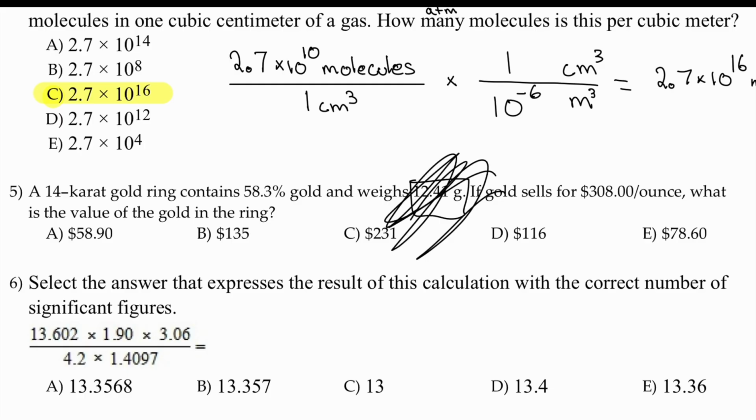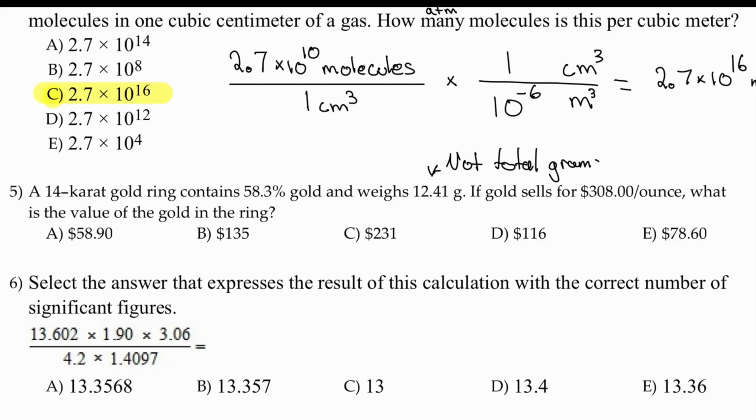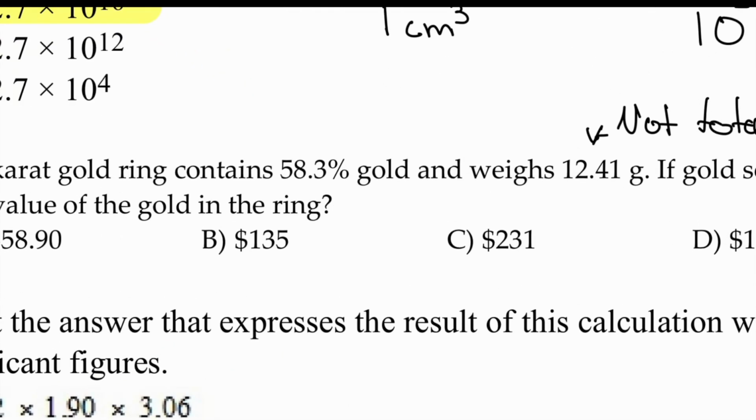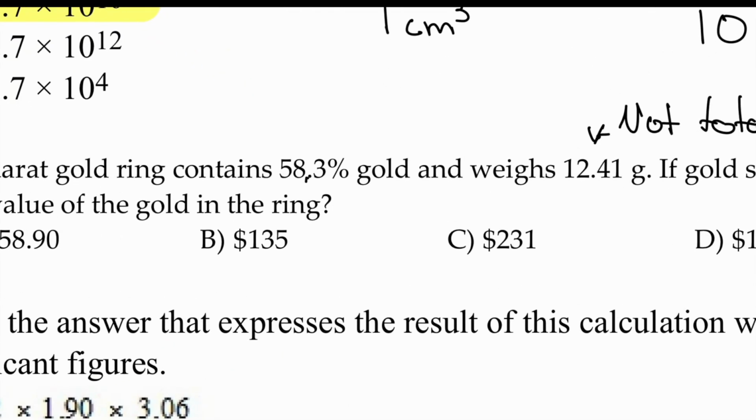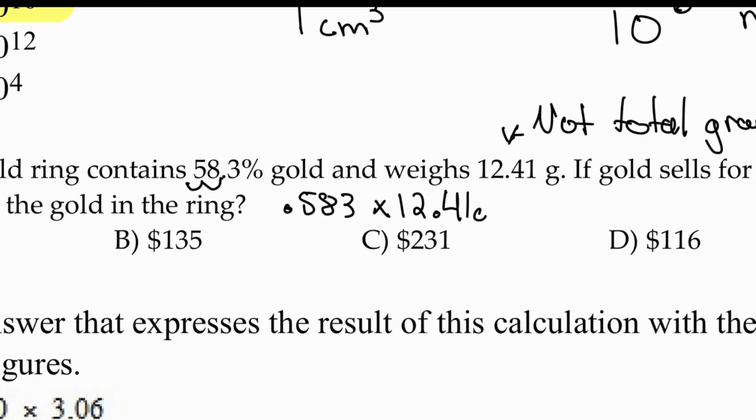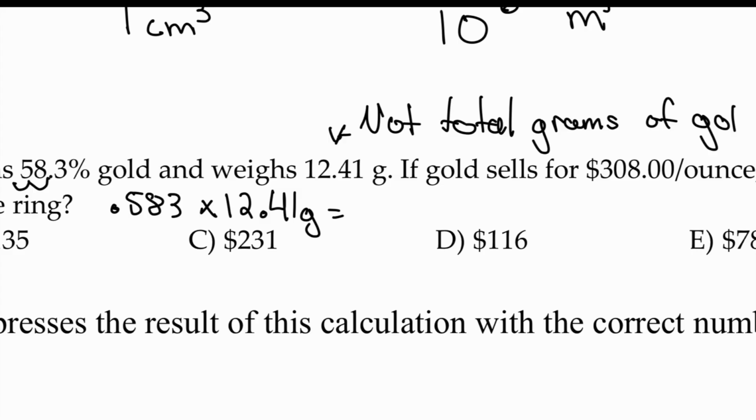This is not all gold. So let's change this into a number that we're going to multiply by the total weight of the ring to figure out how much is that gold.